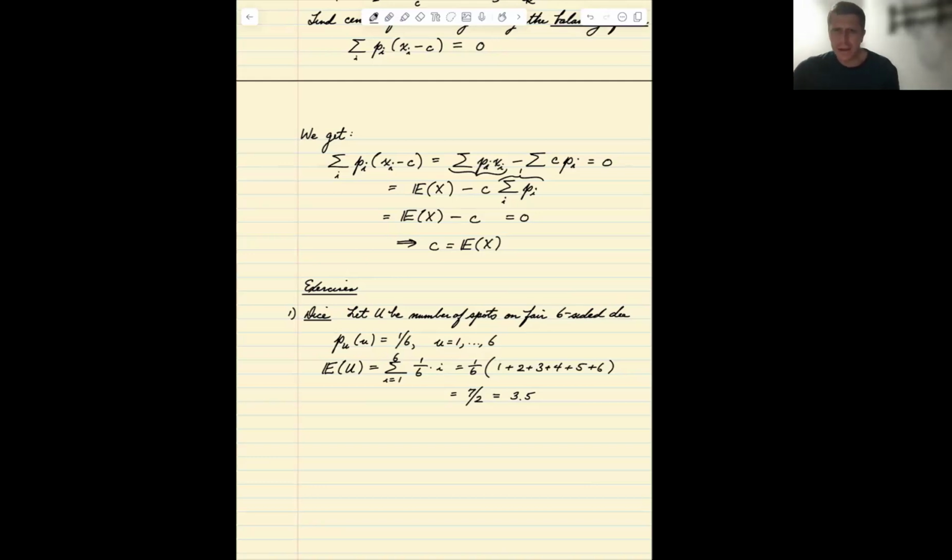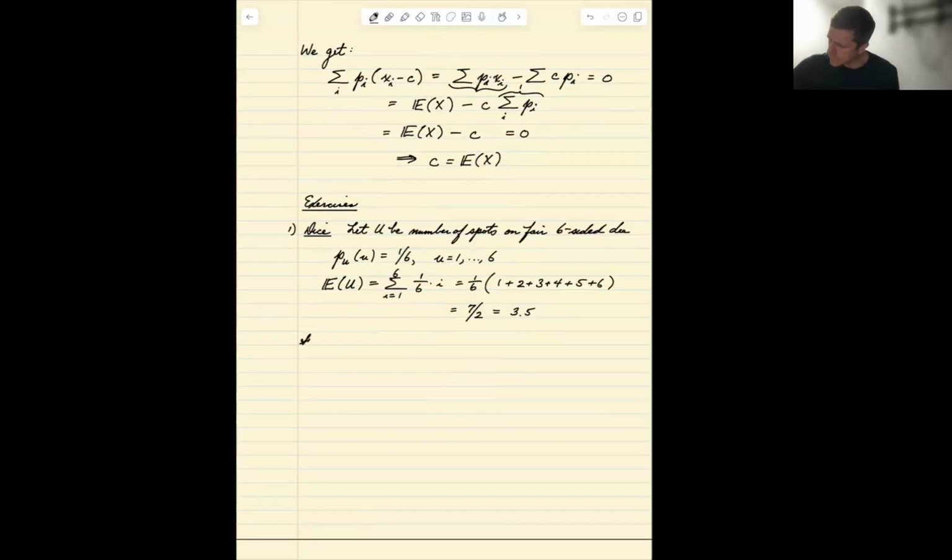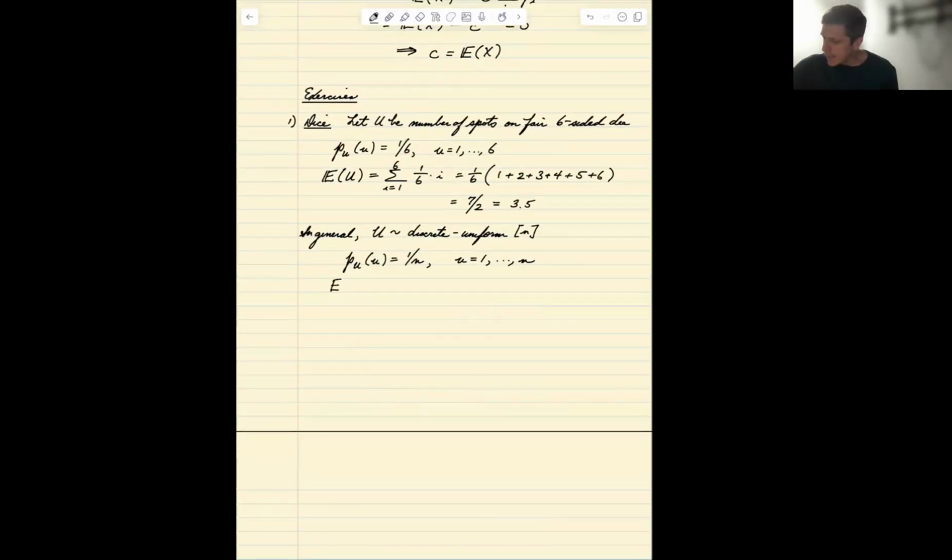Now, in general, we can talk about U being discrete uniform on a set N. What that means is that the distribution of U is 1 over N for all values in the set, 1 up through N. The expected value of U in this case is the sum from i equals 1 to N of 1 over N times i, which is 1 over N times the sum of the first N positive integers, which we have a closed form for.